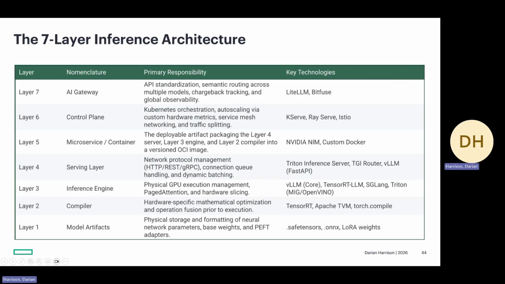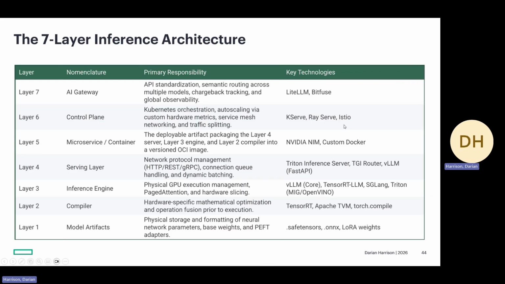And then higher up is the control plane. In the control plane, you'll see things like KServe, which is the orchestration, and Ray Serve as well, so it can distribute. With KServe, you can manage things like a canary rollout between model A and model B, or rollbacks. Istio is going to be the microservices mesh network.